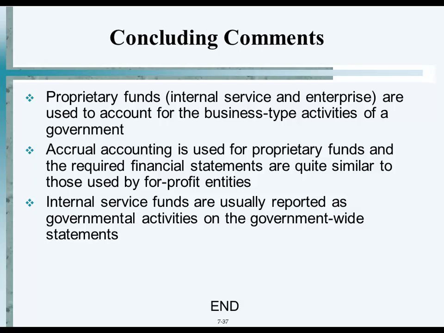What's unique about the statement of revenues, expenses, and changes in net position from another profit and loss statement? What's the format like? You show operating and non-operating revenues separately. What's something unique about the statement of net position for a proprietary fund?